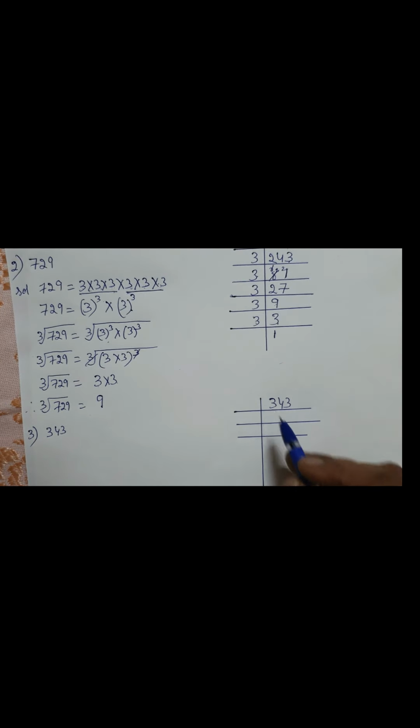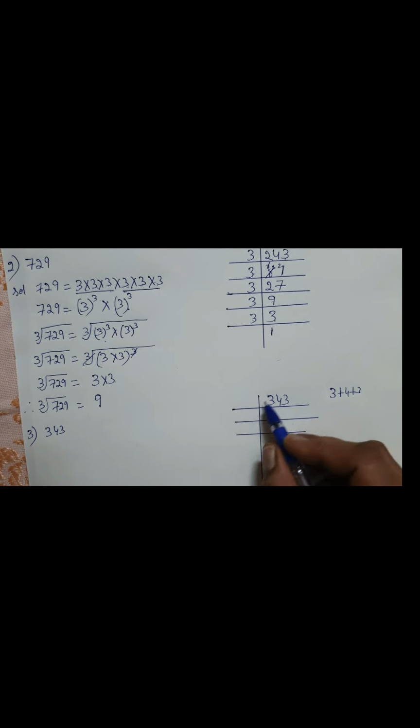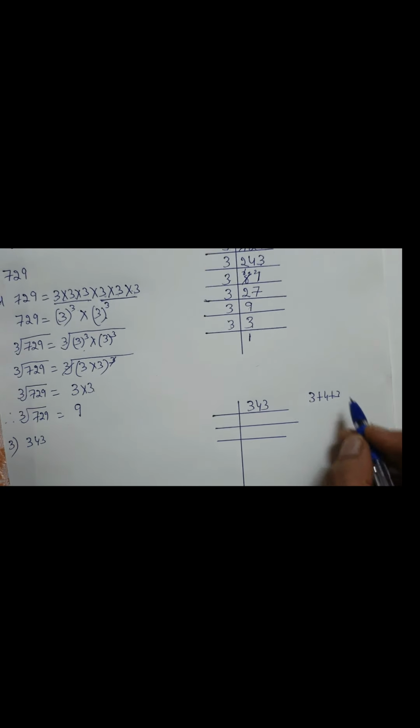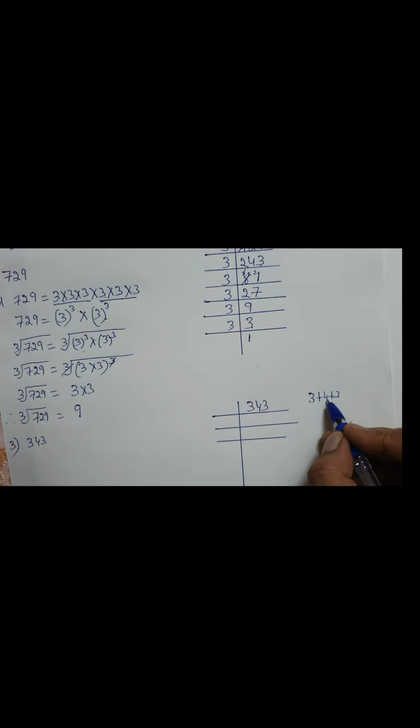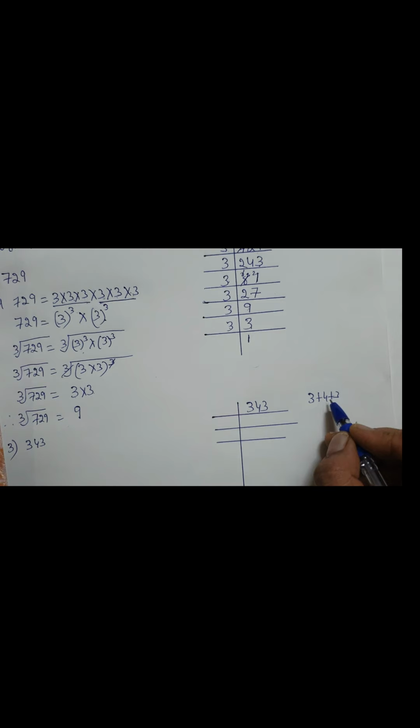So what we have to do is add 3 plus 4 plus 3 and see whether 3 divides it. 3 plus 4 is how much? 7. 7 plus 3 is 10.